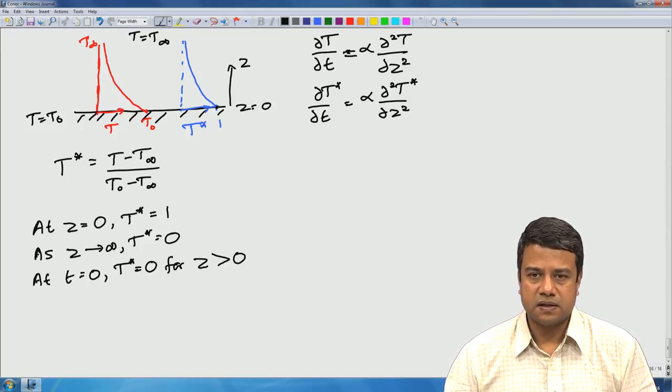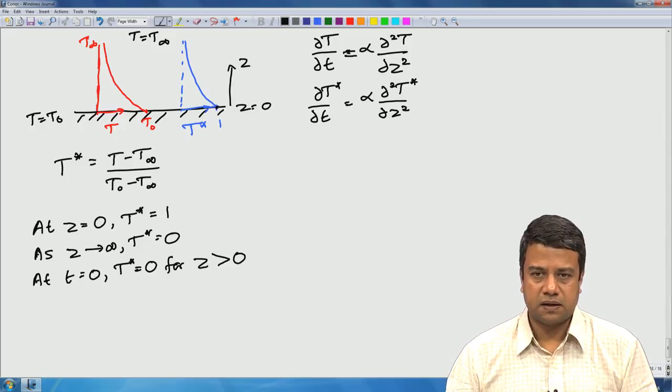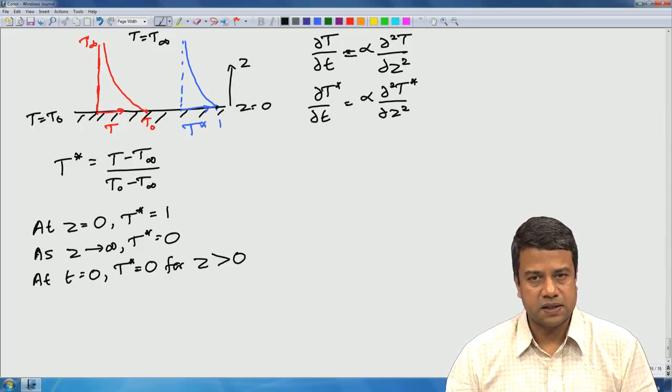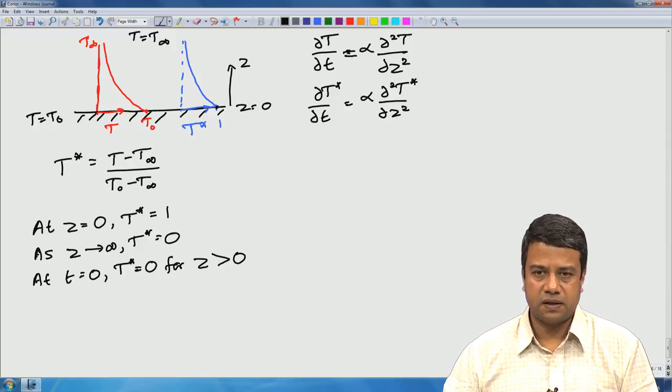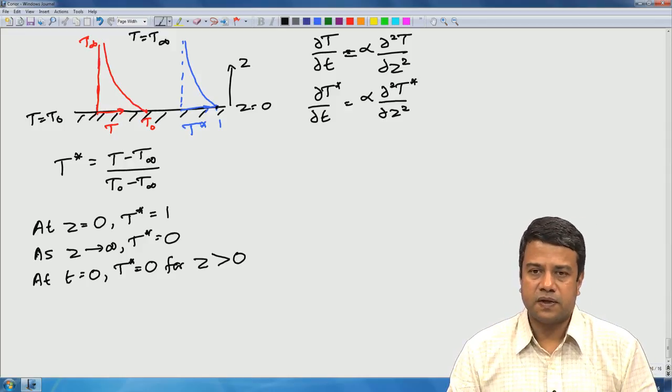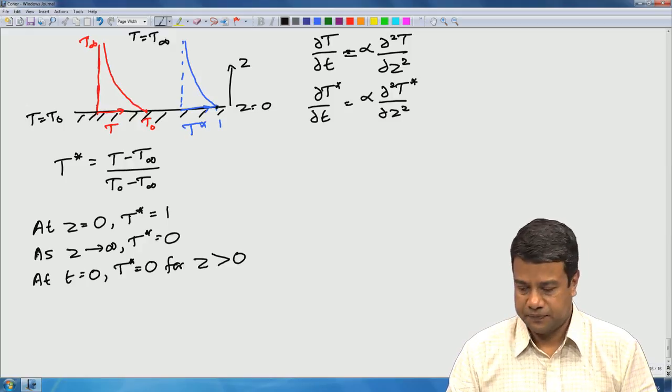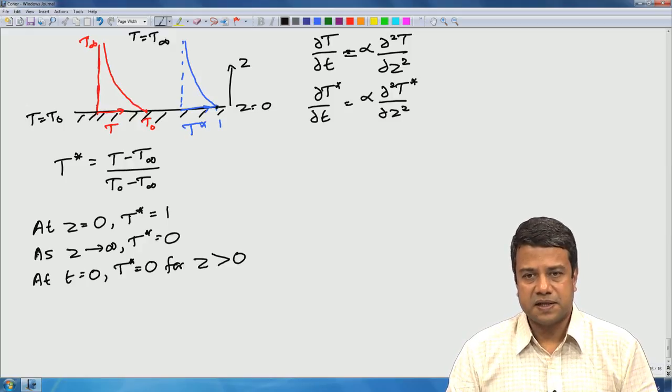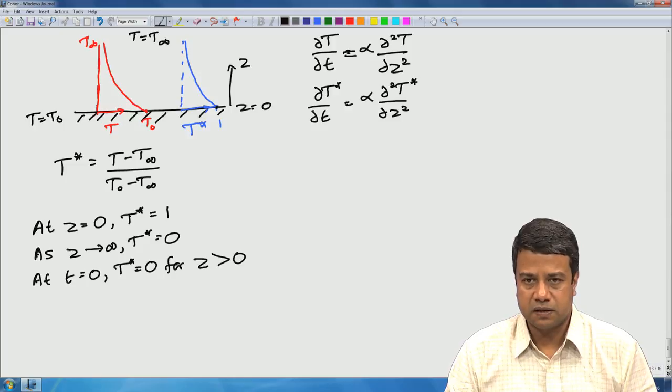This configuration is of infinite extent, and therefore, it is not possible to find either a length scale or a time scale. Time goes from 0 to infinity, length goes from 0 to infinity as well. So, there is basically a deficit of dimensional quantities in this particular problem.